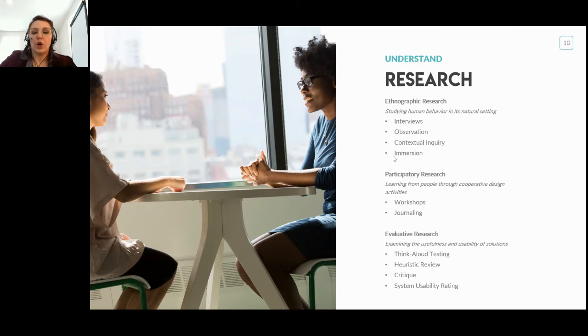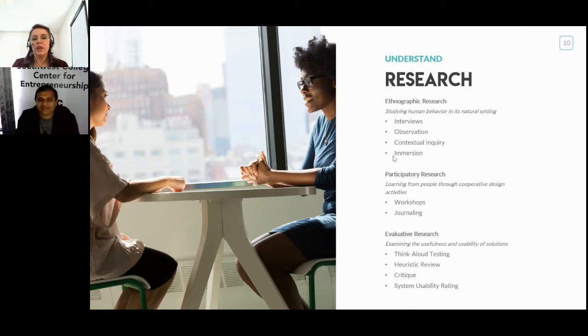They're going to say, you know, I'm clicking on this button, but I don't understand what this button does. Or, oh, I clicked on this and I really thought it would do something else. And so this gives you a really good understanding of the inner workings of what they're doing and really better understand what they're thinking as they use a product.